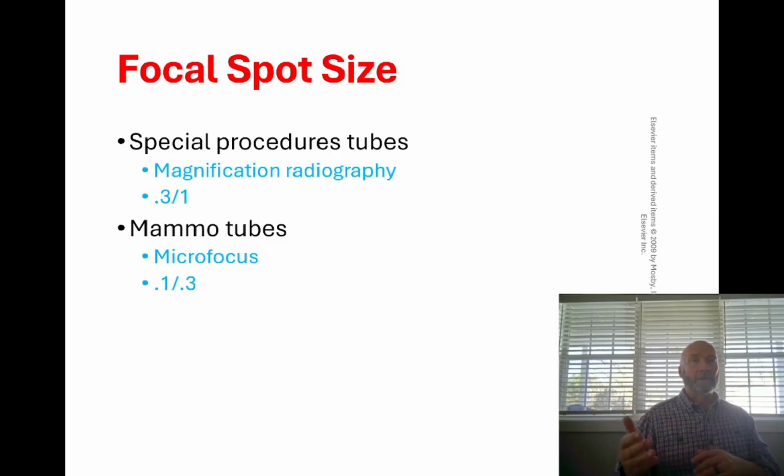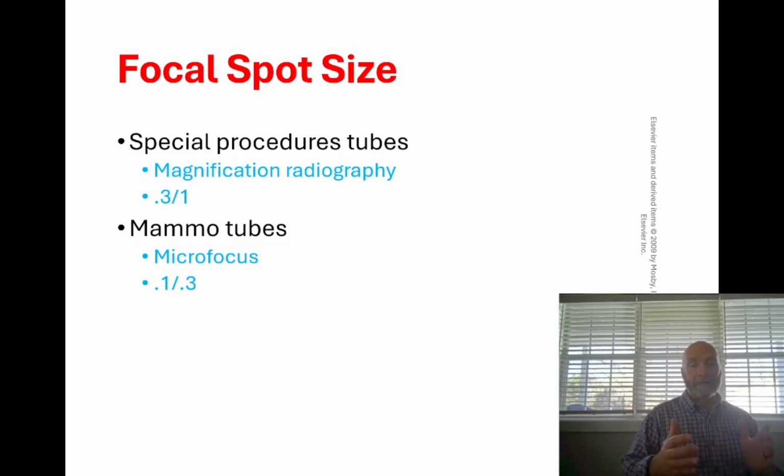So you may have test questions that ask you if what you're trying to accomplish is magnification radiography and you increase your OID, what do you do to increase your sharpness of recorded detail? So what you're going to be thinking, your first response is, I need to increase my SID to overcome that magnification loss of sharpness of recorded detail.